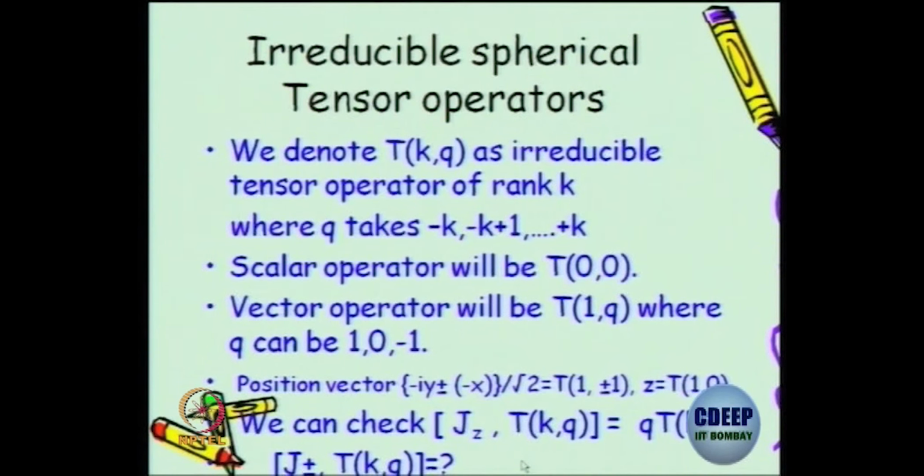I want you to do this for the position vector. At least check for the position vector, where T(1,plus or minus 1) is this, T(1,0) is z. Please check what we get.